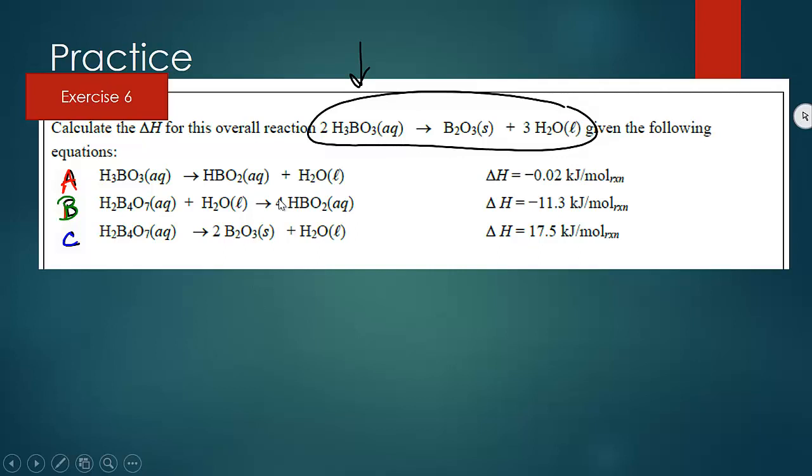Now boric acid only is seen in equation A. So I need to take equation A, and I'm going to need to double it because I need 2 boric acids in order for my equations to even start. So I'm going to double equation A.